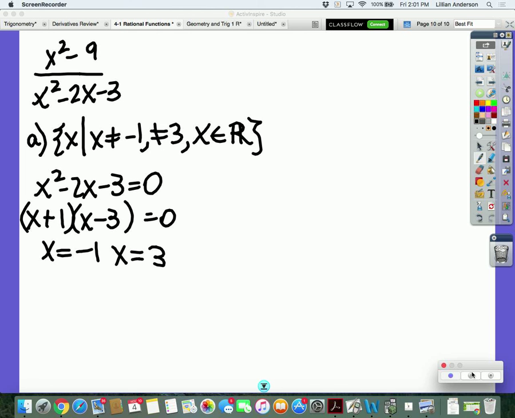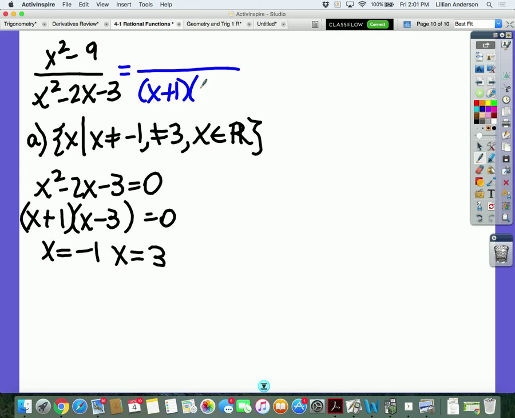Now B says to find the holes. The holes are found by factoring the top and the bottom, okay? And once you factor and find your holes, use the simplified form for everything else. So we already know the bottom is x plus 1, x minus 3. What's the top factor down to be?